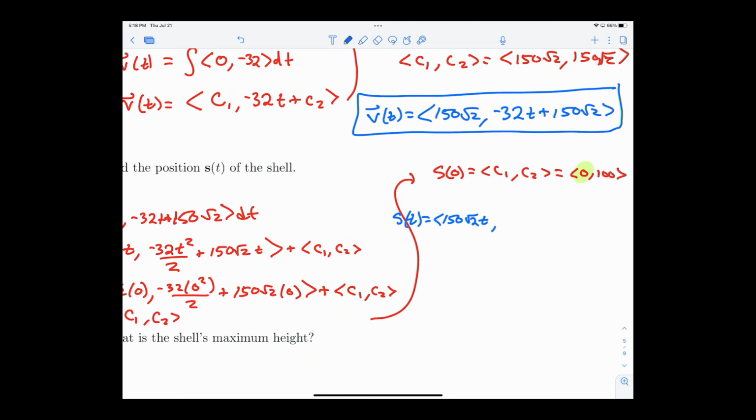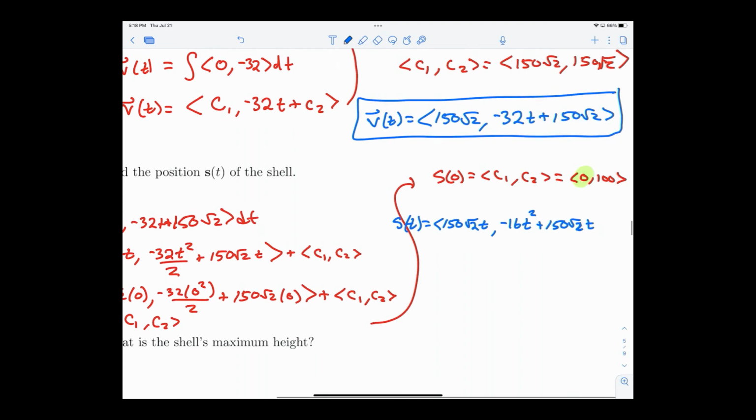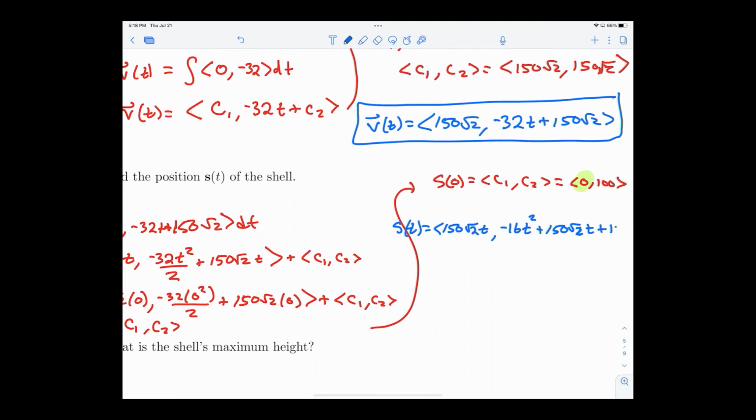And then the other one is negative 32 t squared over 2, which is negative 16 t squared, plus 150 square root 2 t, and then plus C2, which is 100. So there's my position equation.